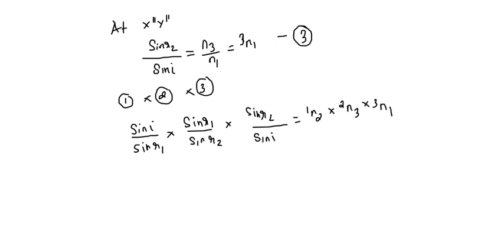Again the left hand side reduces to 1. You can see all of them get cancelled out. So we can write 1n2 into 2n3 into 3n1 equals 1.